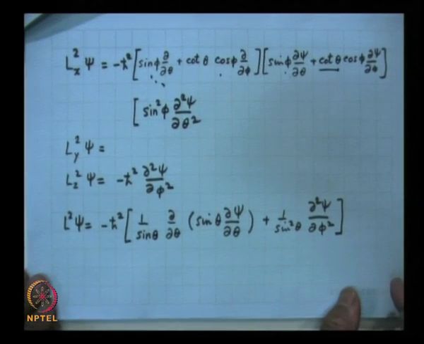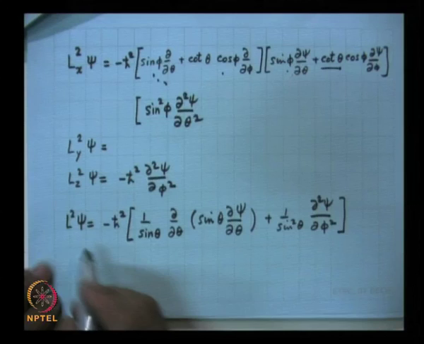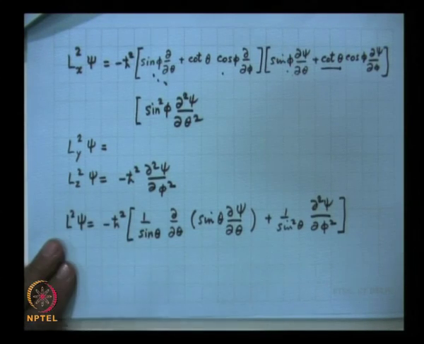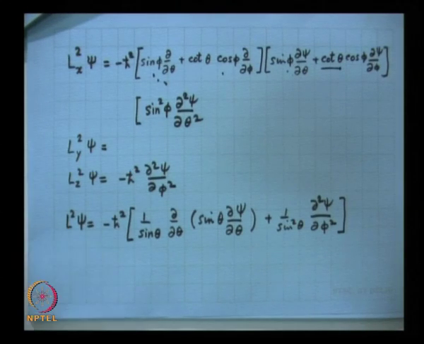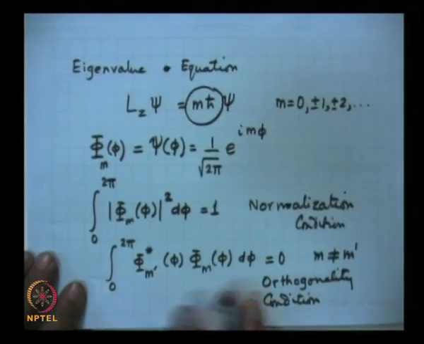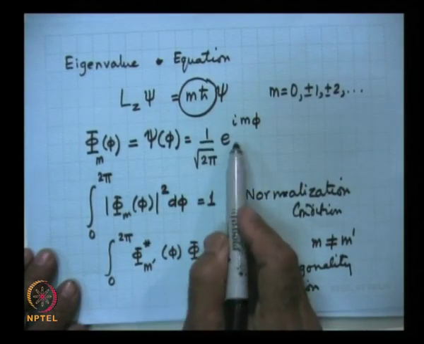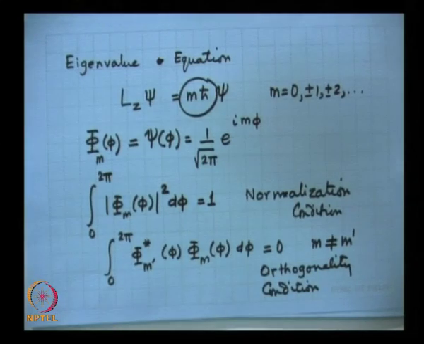Now, we have found out the eigenvalues and eigenfunctions of the operator Lz, and that was very simple. We had found out that the eigenvalues were m h cross, and the eigenfunctions were 1 over root 2 pi e to the power of i m phi.